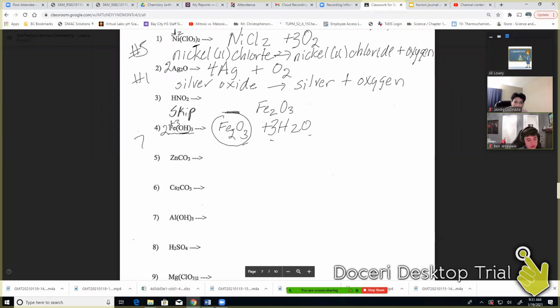A lot of people, no, I don't see anybody hardly except Ethan with the pink sheet out. Some of y'all might just not be able to see. I don't know how you can do it without your pink sheets. I know y'all don't have all those charges memorized. If you don't have the charges for your ions, then how do you know that you're writing your formula correctly?